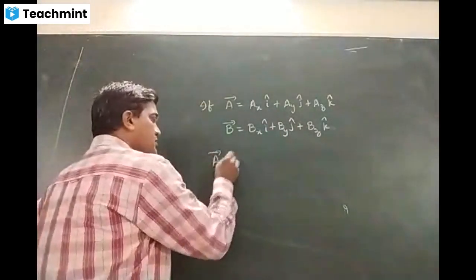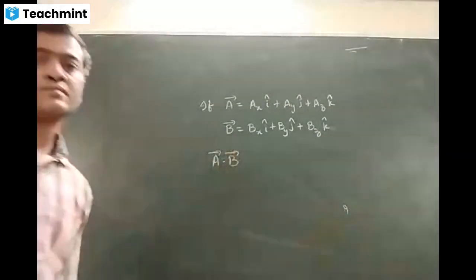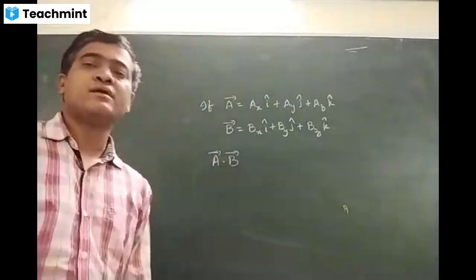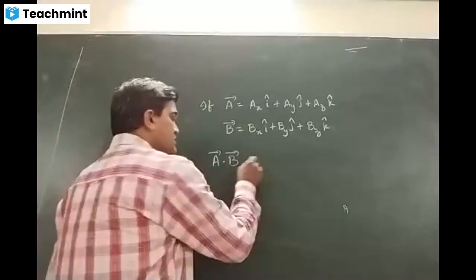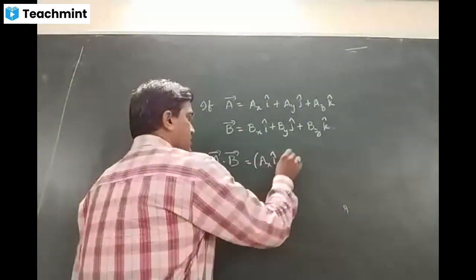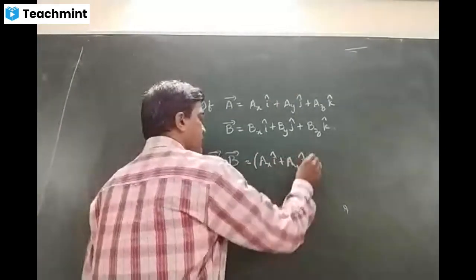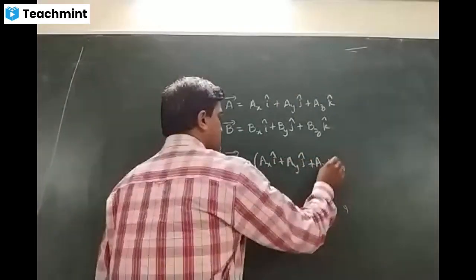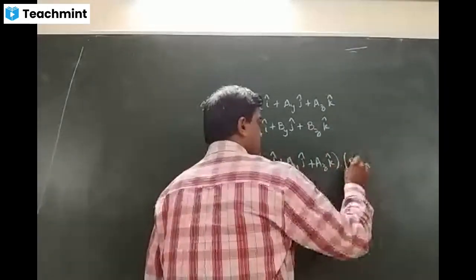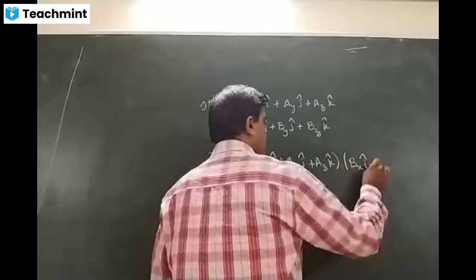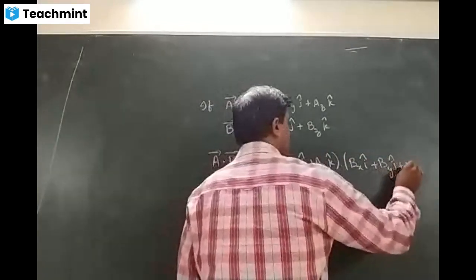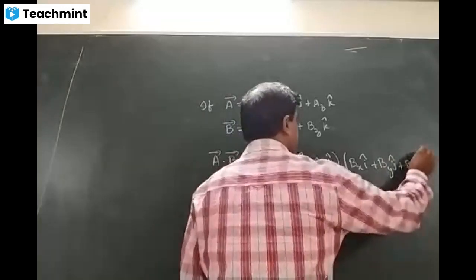In this case, A bar dot B bar. If I ask you A bar dot B bar, how to find A bar dot B bar? Can I write this A bar as AX I cap plus AY J cap plus AZ K cap dot B bar, which is nothing but BX I cap plus BY J cap plus BZ K cap?